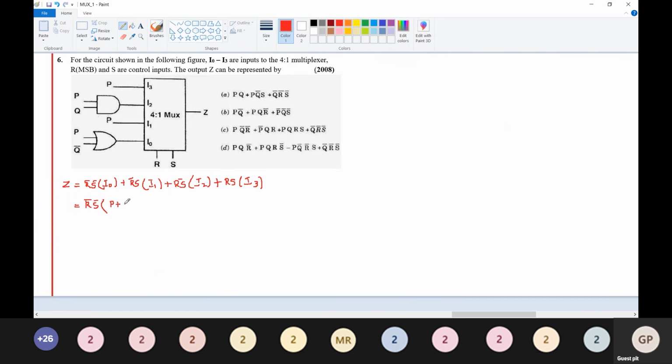P plus Q dash plus R dash S into I1 value, it is only P, plus R into S dash, I2 value. P into Q, plus R S into what's the I3 value? I3 value is P.